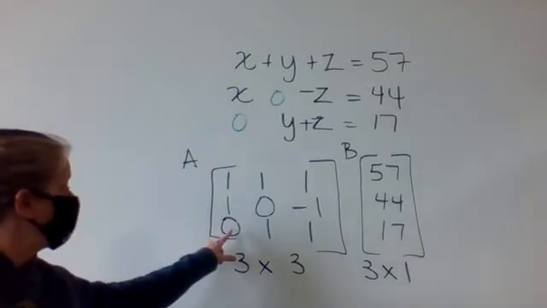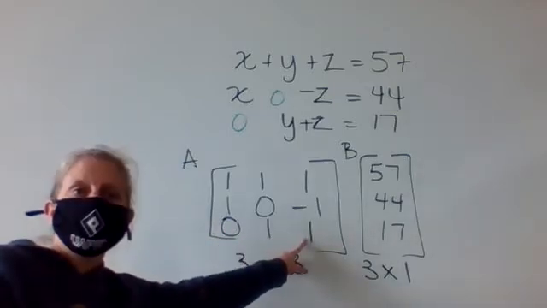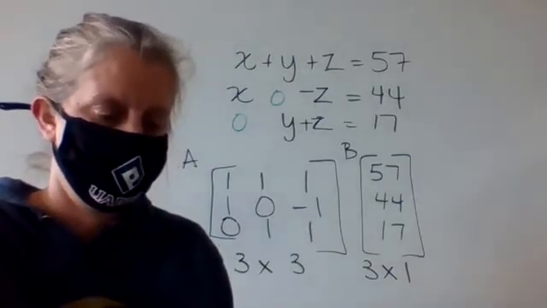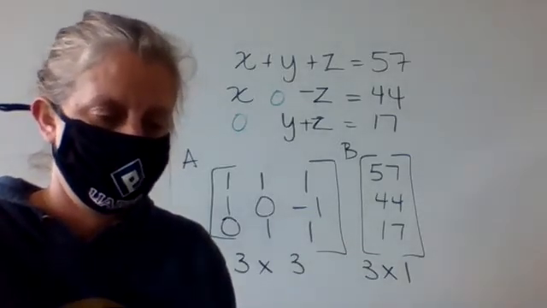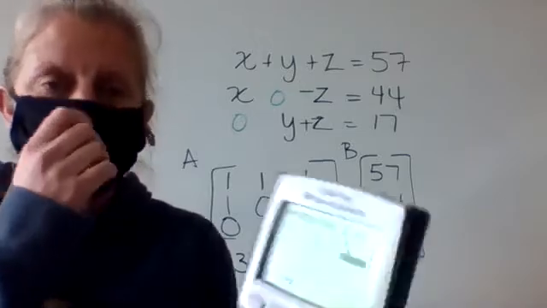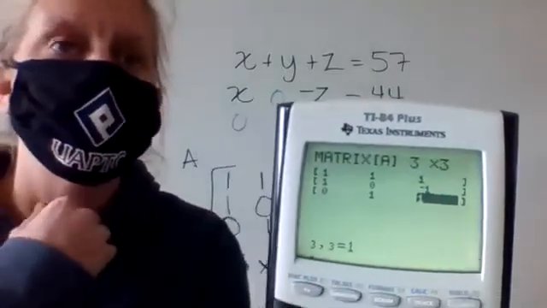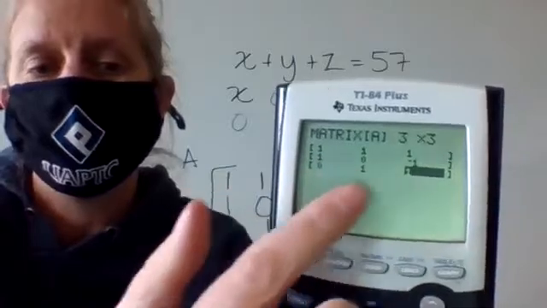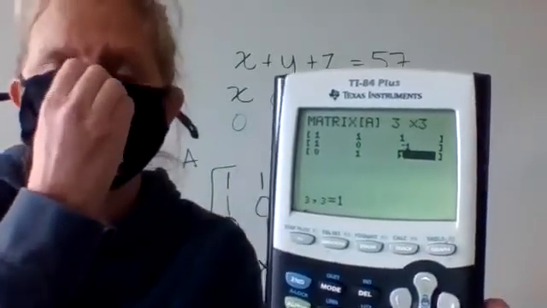And then my last row should be 0, 1, 1. Okay, and then again, always double check to make sure the numbers that you put in, and your dimensions are right, 3 by 3, and that your 3 rows have the same numbers.